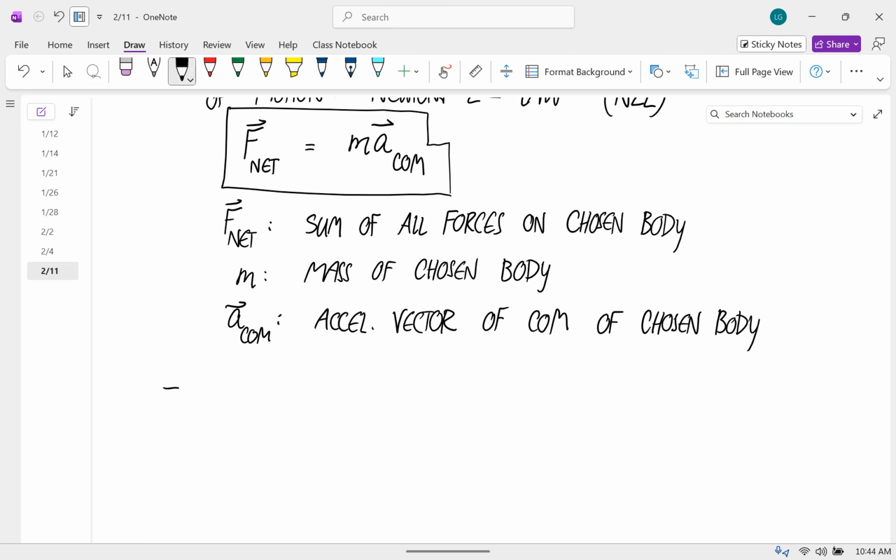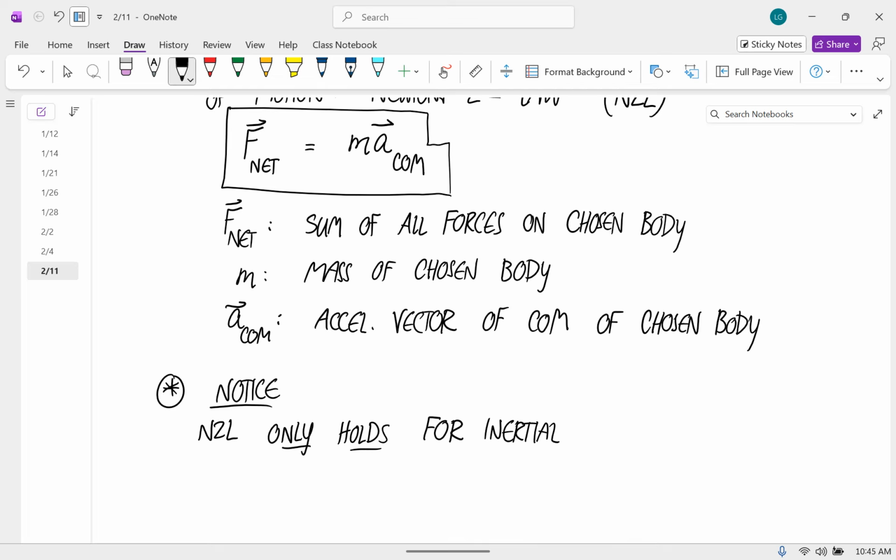One thing I want you to notice, I've brought up similar things a couple times already in this class. Newton's second law only holds for an inertial coordinate system. Okay, and what that means is your coordinate system is measuring accelerations.